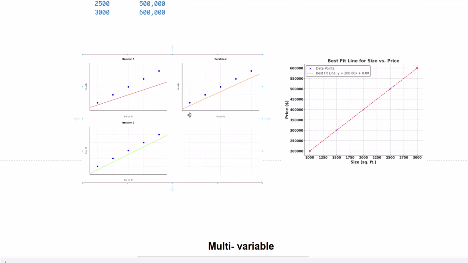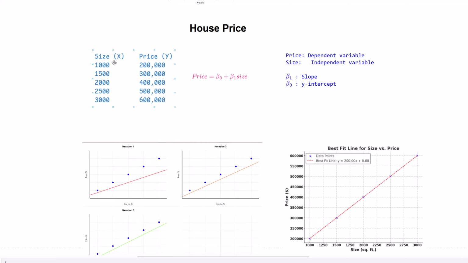Now this is, let's see, with one independent variable, which is size, and one dependent variable, which is y. But in real projects, we have many attributes. For instance, you have the size, the location, and many other factors that will affect the price.